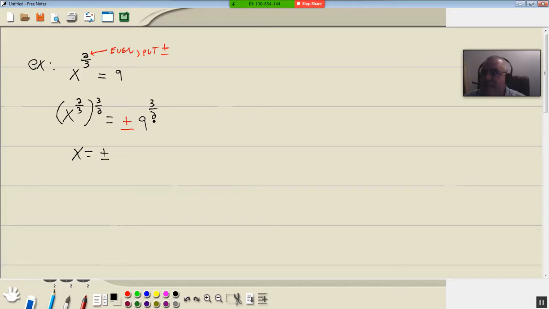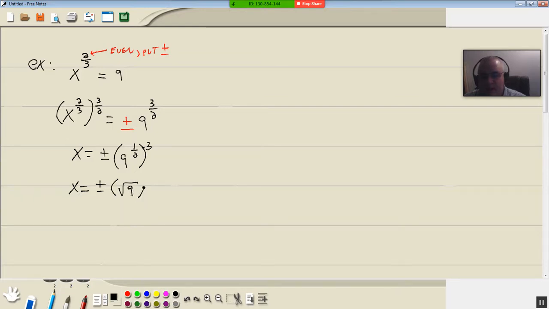Now to simplify this, whenever you have a fractional power where the numerator is greater than 1, you put the numerator on the outside of a set of parentheses. So put the 3 on the outside of a set of parentheses like that. Now, as a placeholder, you put a 1 where the 3 used to be. Now you're going to rewrite what's inside the parentheses in radical form.